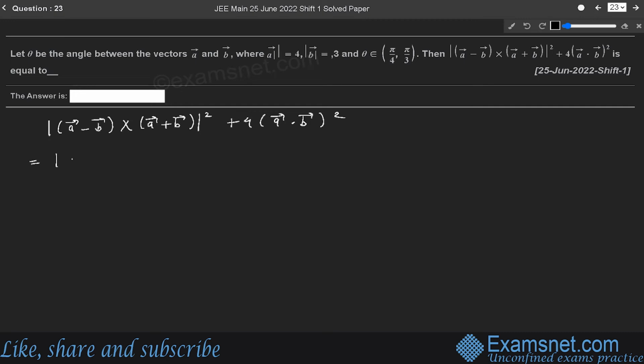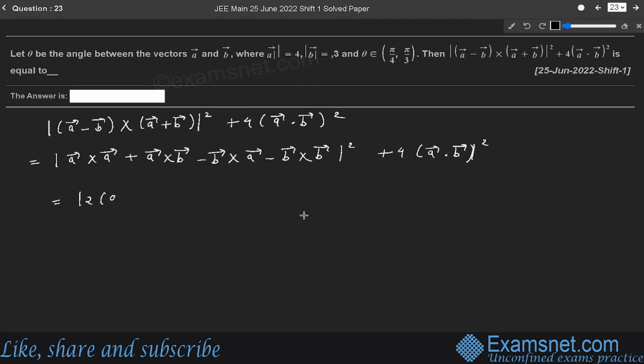It can be written as mod of A vector cross A vector plus A vector cross B vector minus B vector cross A vector minus B vector cross B vector whole square plus 4 into (A vector dot B vector) whole square. So this will be equals to mod of 2 into (A vector cross product B vector) whole square plus 4 into (A vector dot B vector) whole square.